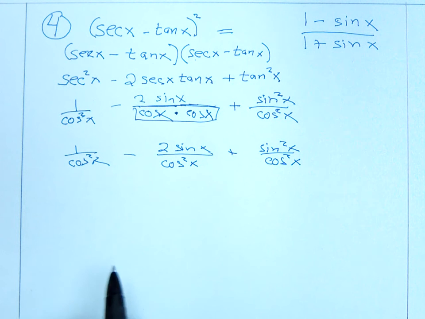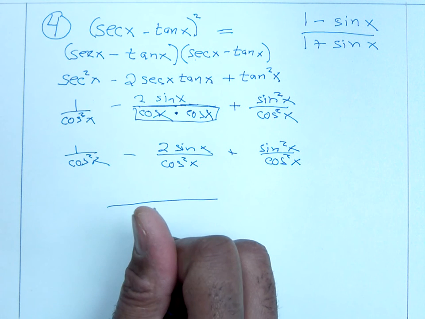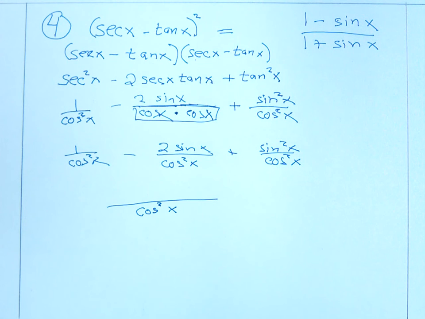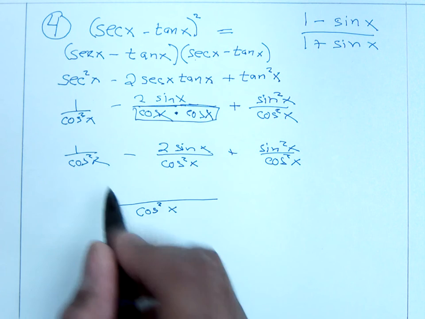I can write it as one denominator, cosine squared. So what will my numerator be? 1 minus 2 sine plus sine squared, yeah?